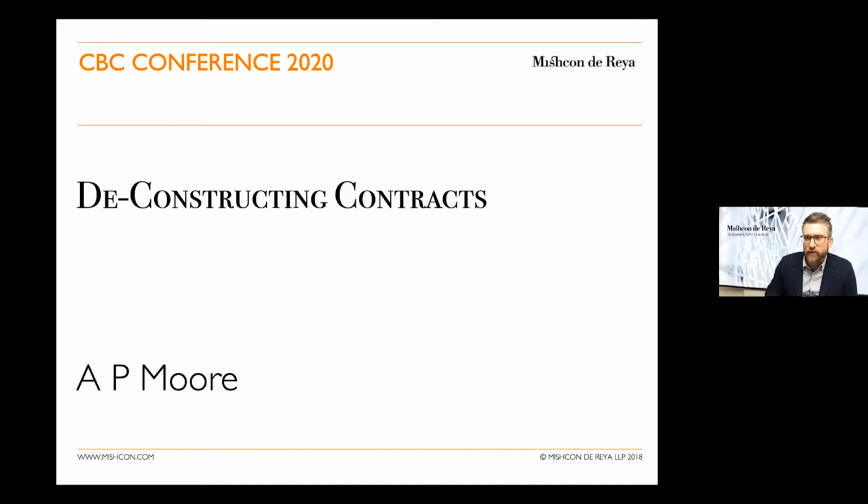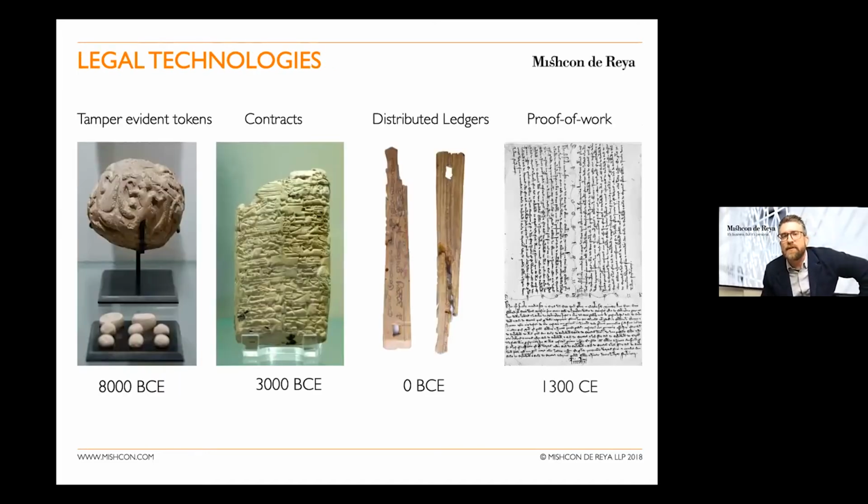Depending on how technical the audience is, I'll start with something I throw around at the management team at Mishcon's, telling them that all the words they hear, they've heard before, and that most of these things were invented a long time ago. So this is my potted history of legal technologies.